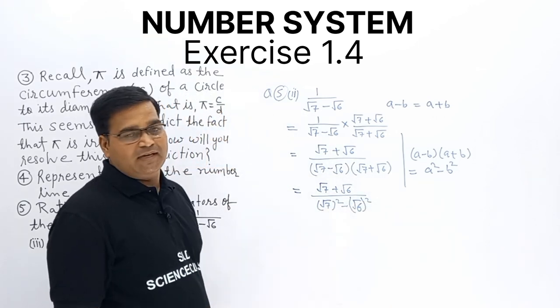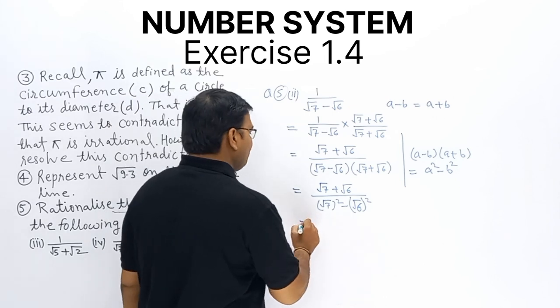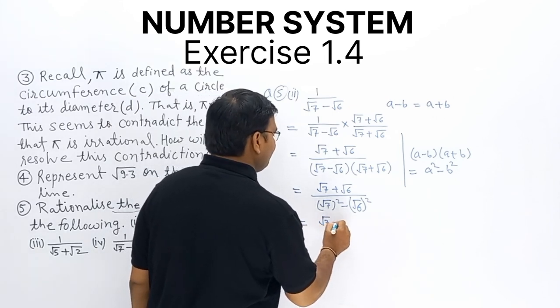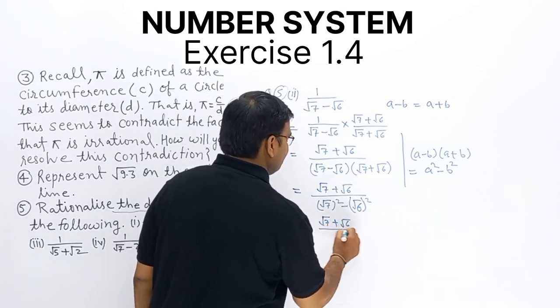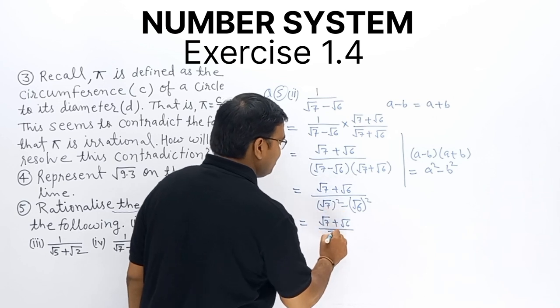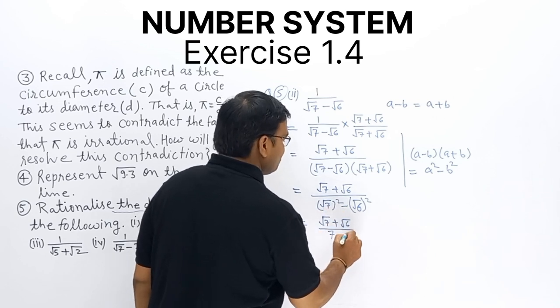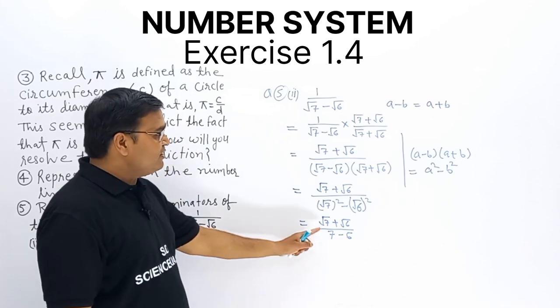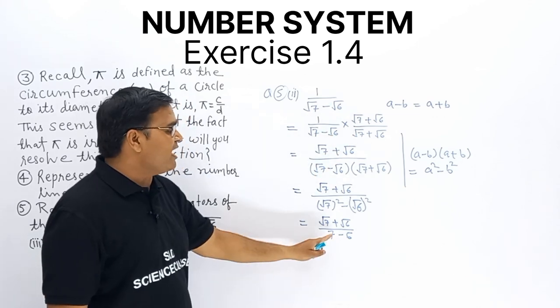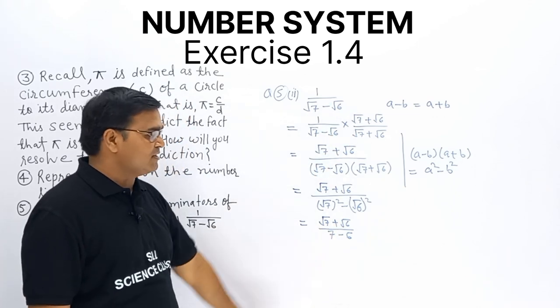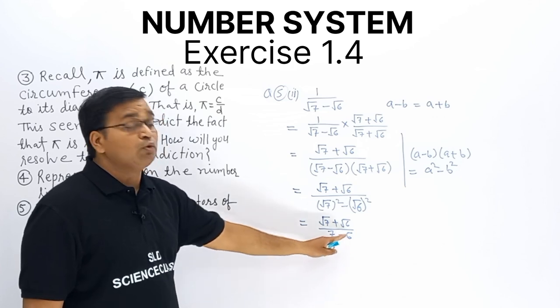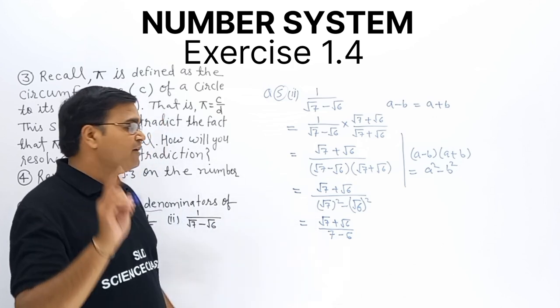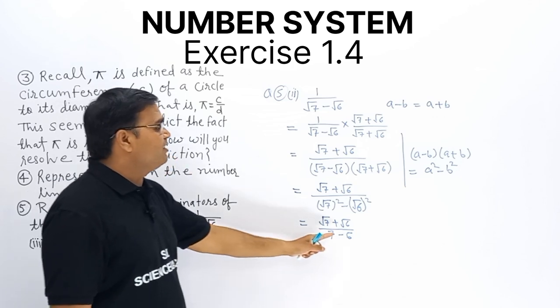Now the root is gone. Root 7 square, again, what are we getting? Root 7 plus root 6 divided by: root 7 square is 7, and root 6 square is 6. So in this way, by rationalizing, we are removing the root. And at that time there is no square root, no radical sign in the denominator.